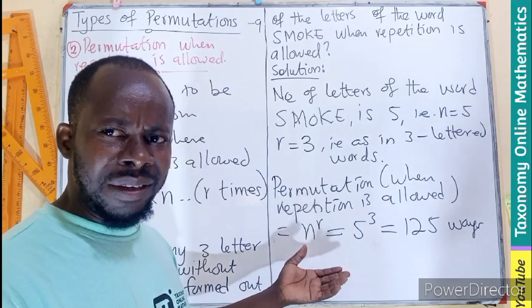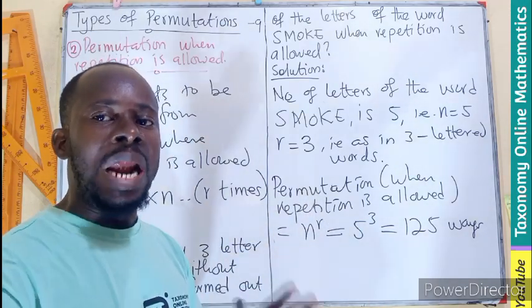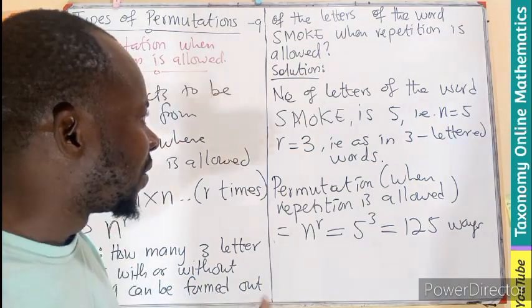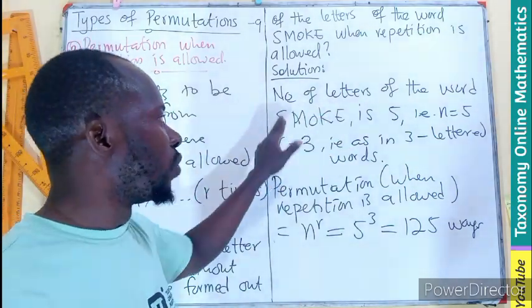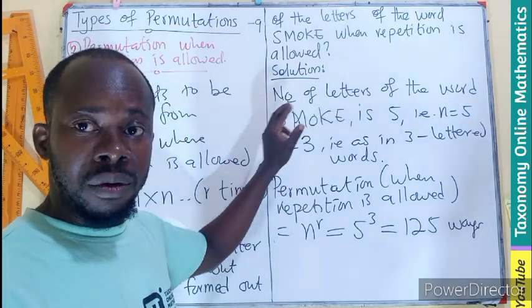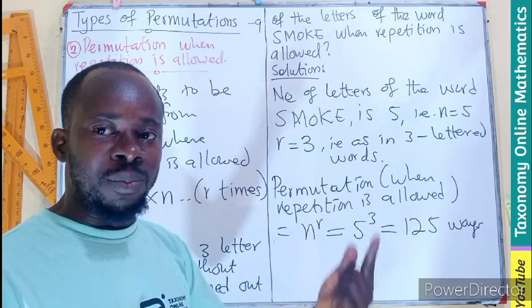I guess this is different from the first concept where repetition is not allowed. Meaning, in the first place, if I'm going to choose from here, I should be choosing from 5 letters. All the 5 letters are liable to be in the first position.